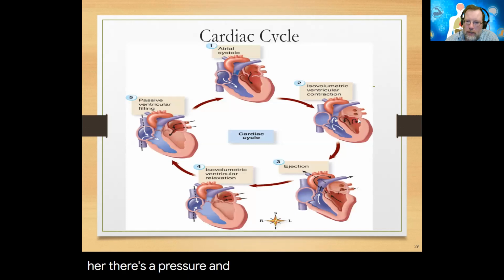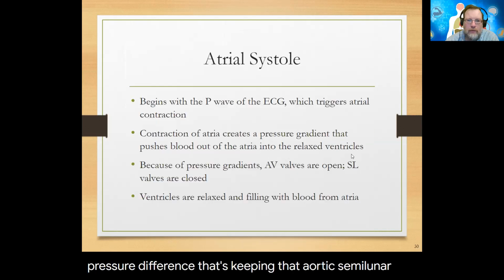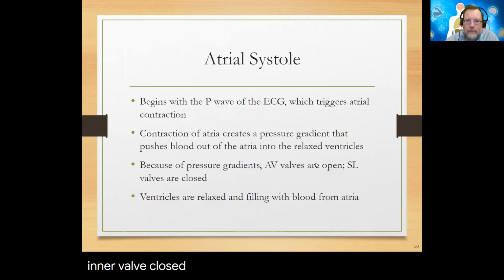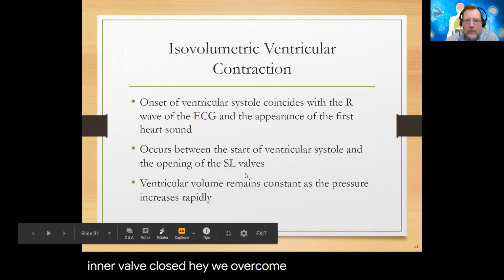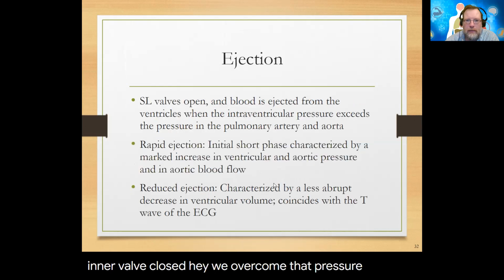And once we increase this volume enough, stretch it out enough, we can overcome that pressure difference that's keeping the aortic semilunar valve closed. We overcome that pressure and ejection occurs. Semilunar valves open.